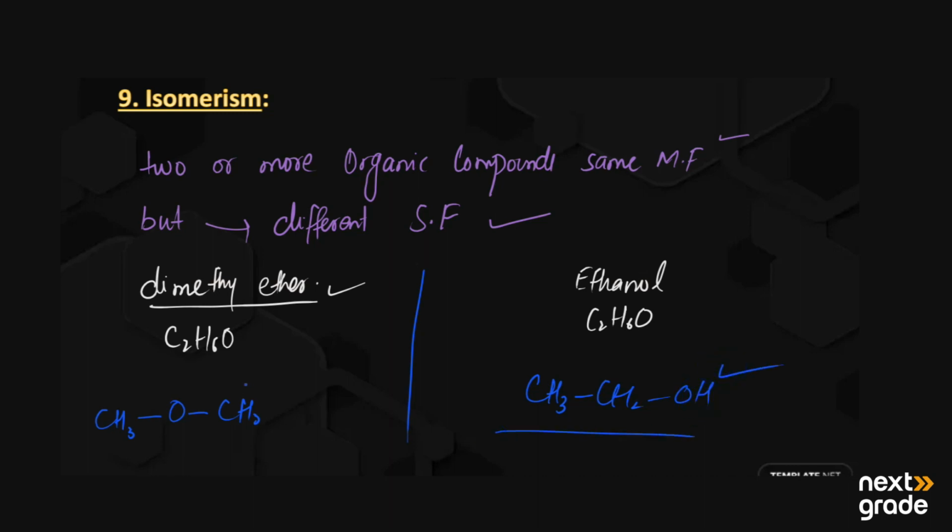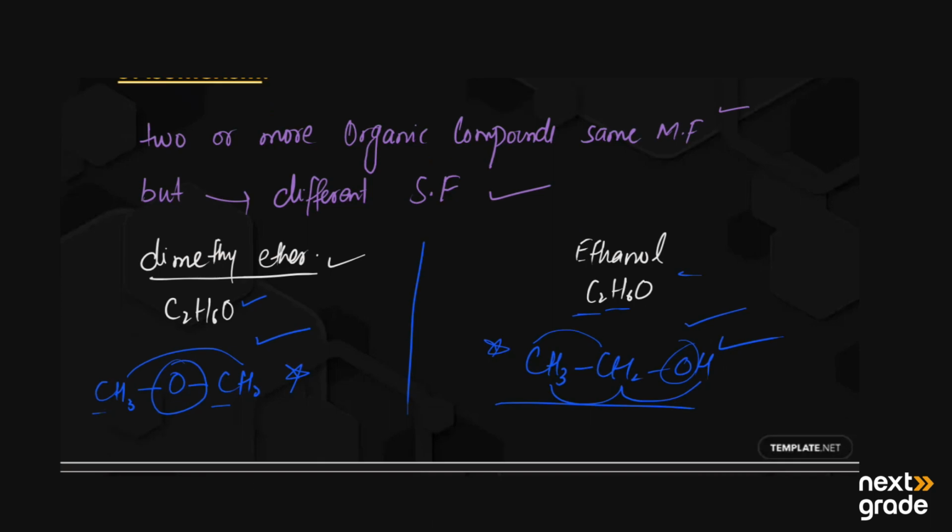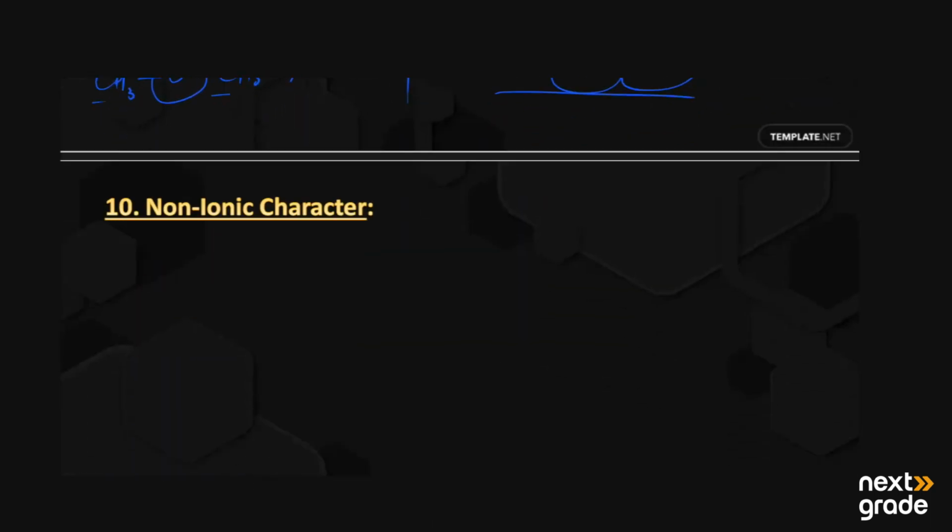So this is dimethyl ether having two carbon, six hydrogen and one oxygen atom, and ethanol is also having two carbon, six hydrogen and one oxygen atom. So they have the same molecular formula, but they differ in the structural formula. This phenomenon is known as isomerism. So this is the characteristic of the carbon.